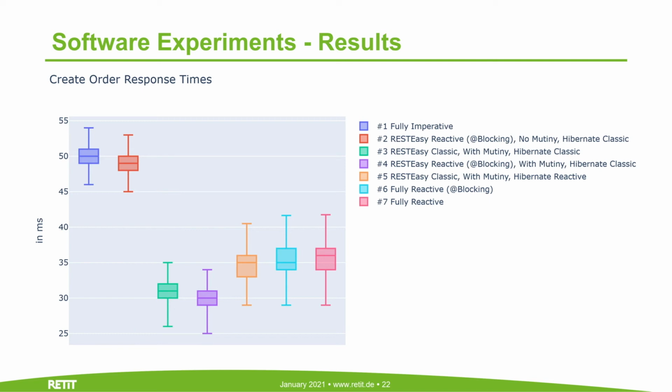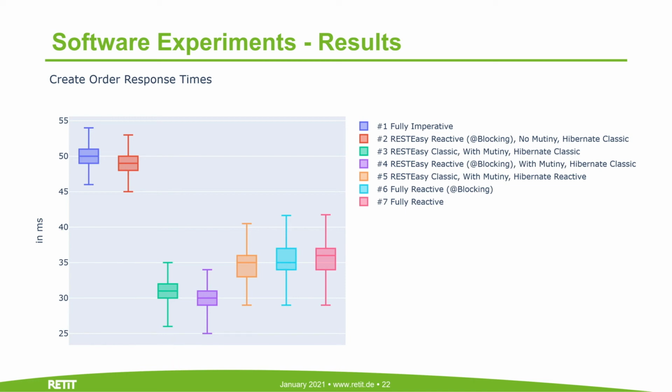So if we take a look at variation number 3 and 5, the green one at the bottom and the light orange one here, variation number 3 has RESTEasy Classic with Mutiny and Hibernate Classic. Variation number 5 has as a difference Hibernate Reactive, and the one with Hibernate Classic has an average response time of 31 milliseconds, while the one with Hibernate Reactive has an average response time of 35 milliseconds.